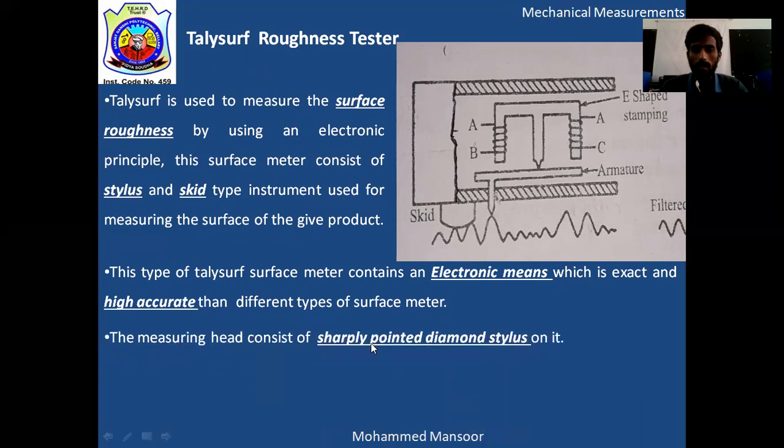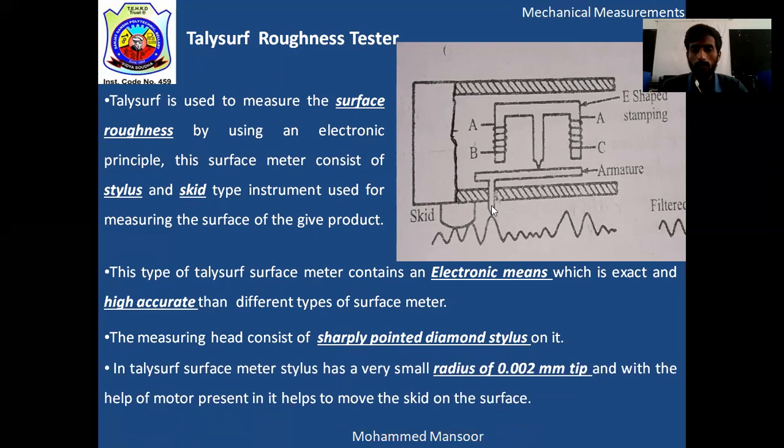If you observe here, the TaliSurf roughness tester consists of a sharply pointed diamond stylus. This is what the stylus is. It is diamond shaped and sharp.